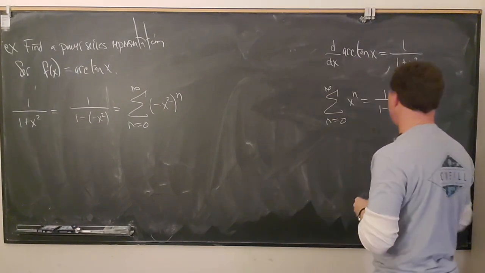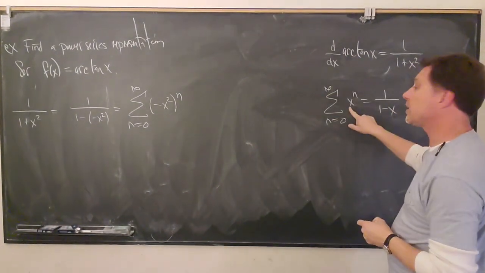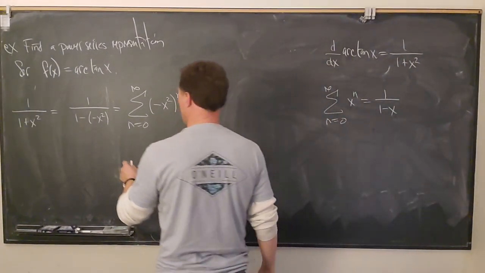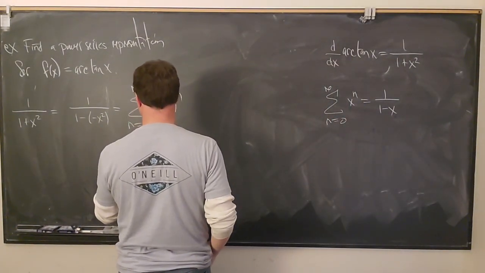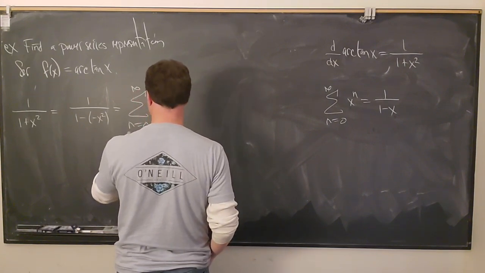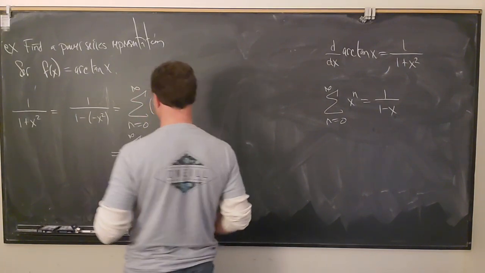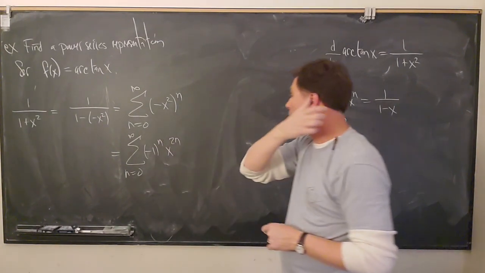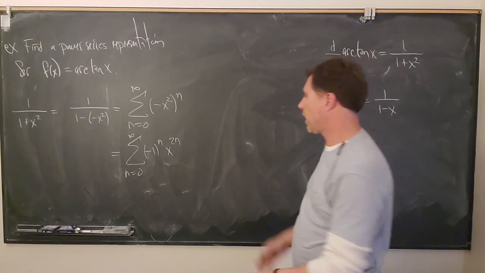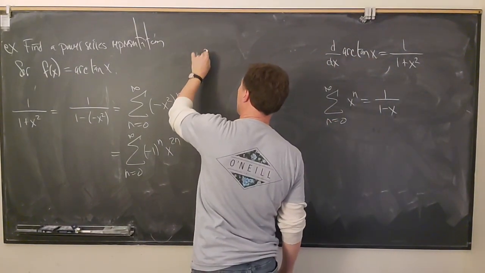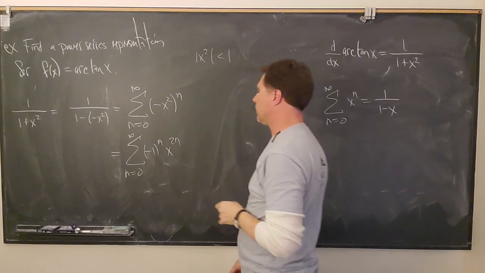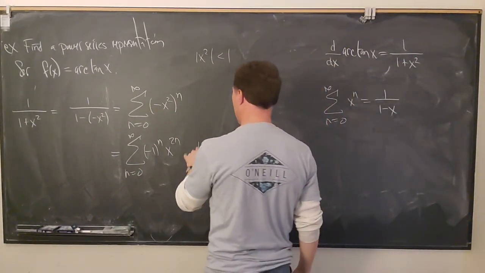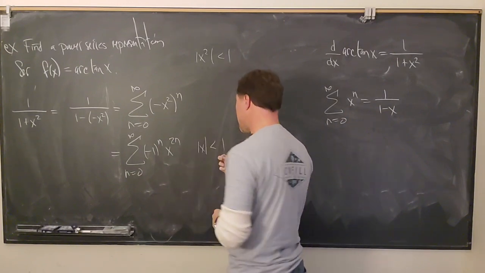All I did was substitute a minus x squared here, which is equal to the sum from n equals 0 to infinity of (minus 1) to the n, x to the 2n. And remember, when you do the substitution, what we require is that the absolute value of x squared be less than 1, which means the absolute value of x has to be less than 1. So our radius of convergence is 1.